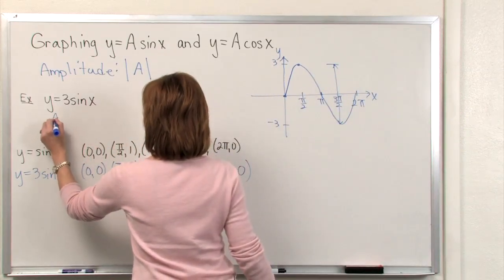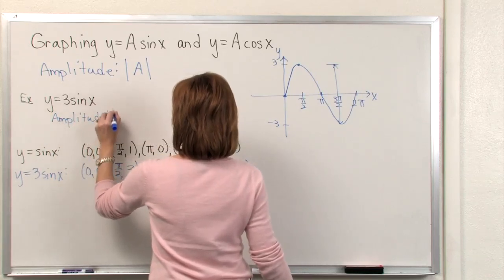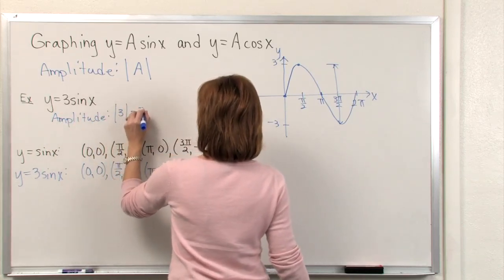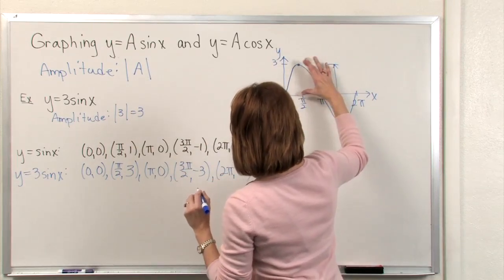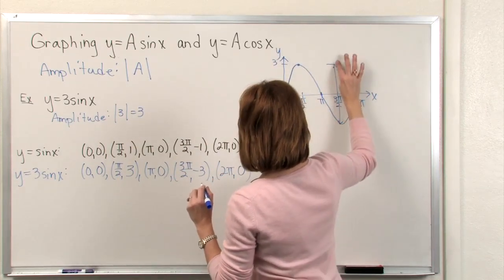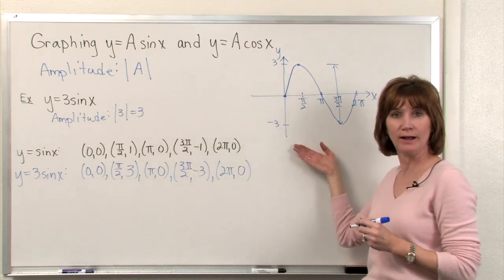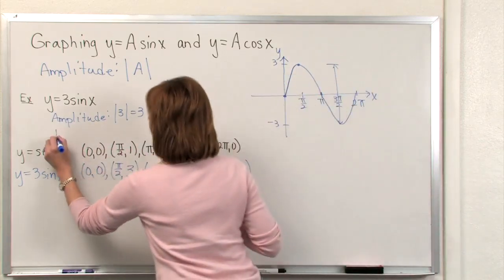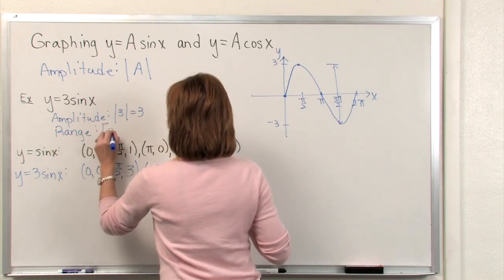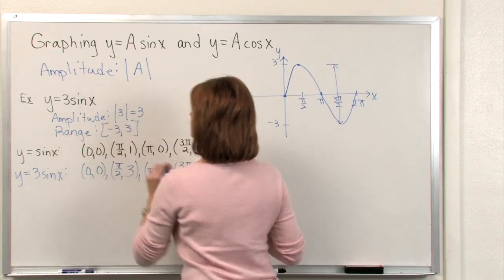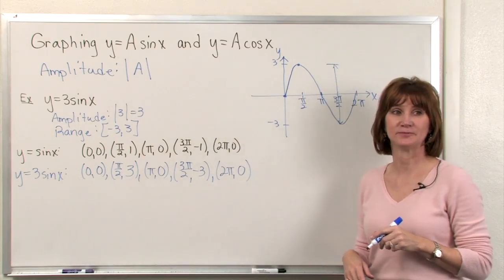The amplitude will be the absolute value of 3, which is 3. Again, that's half the distance between the relative max and the relative min, which makes the range of this graph what? Exactly. The range is now going to be negative 3 to 3.